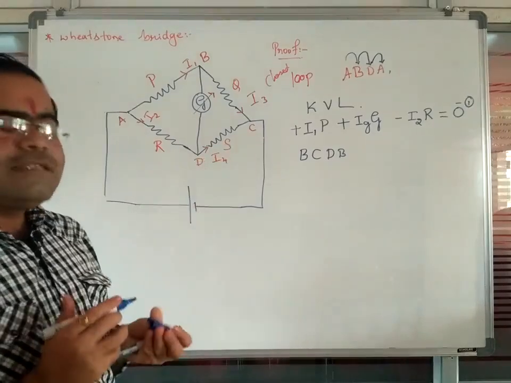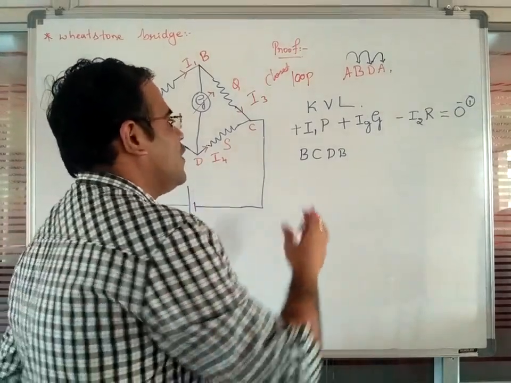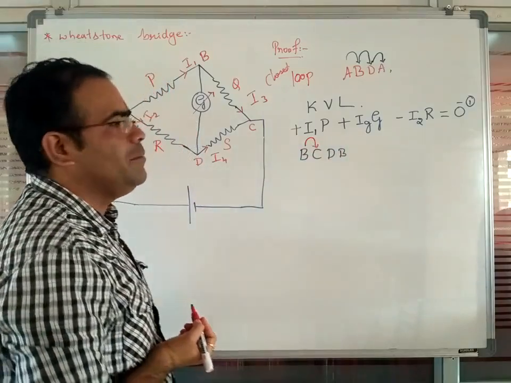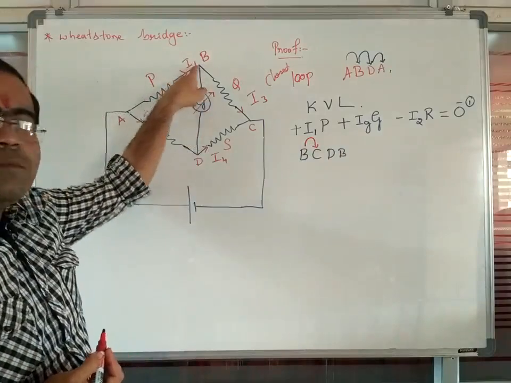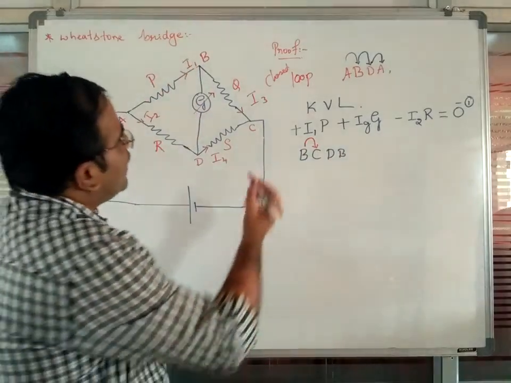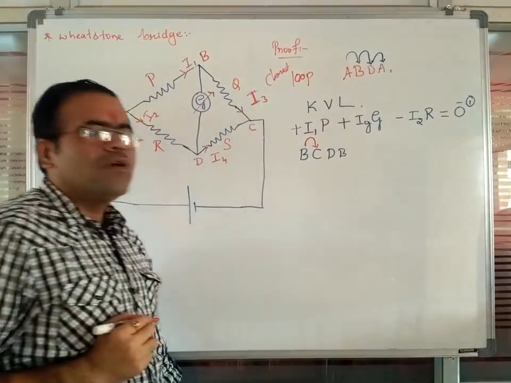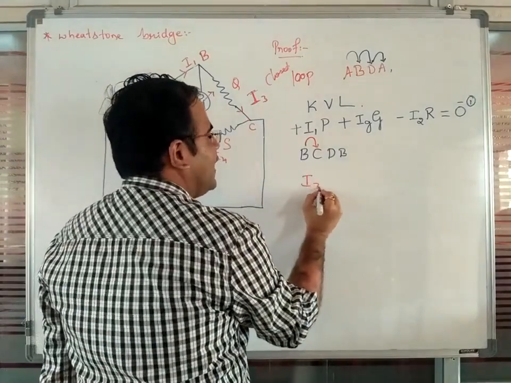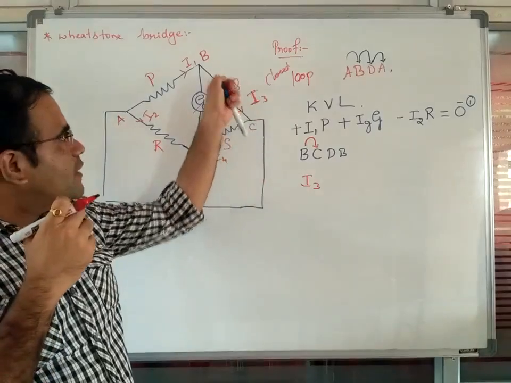In this closed loop, first you observe point B to point C, where the amount of electric current is I3. So I3 is multiplied by the resistor in the branch BC.